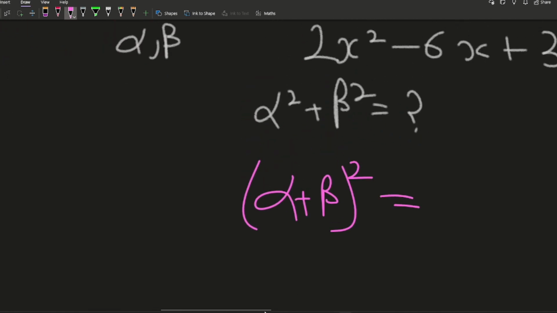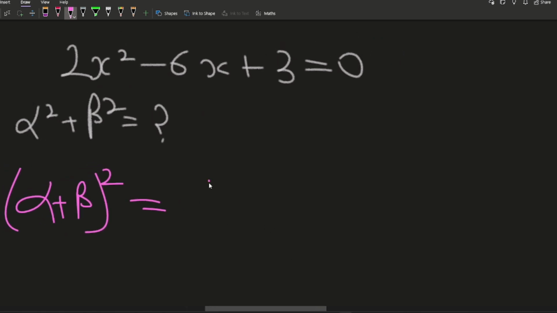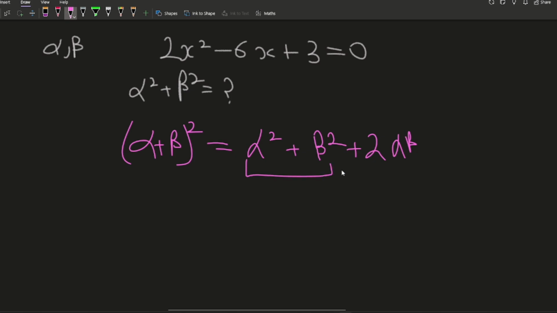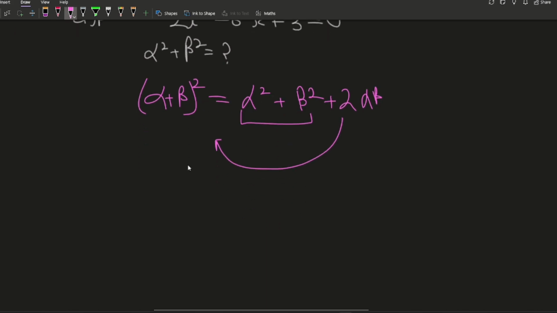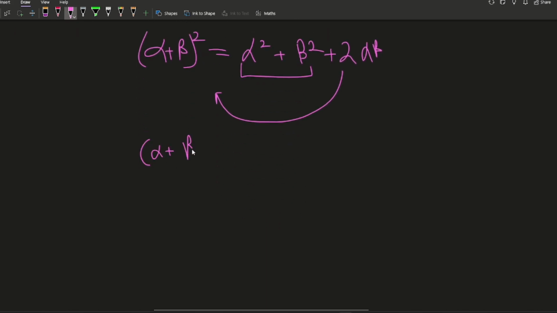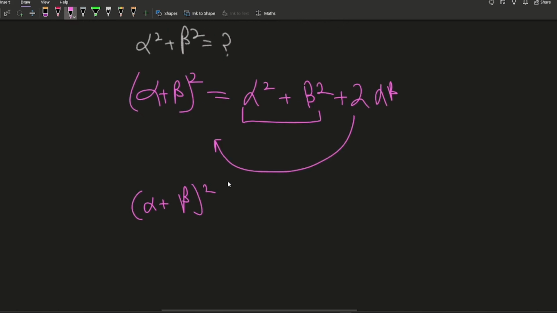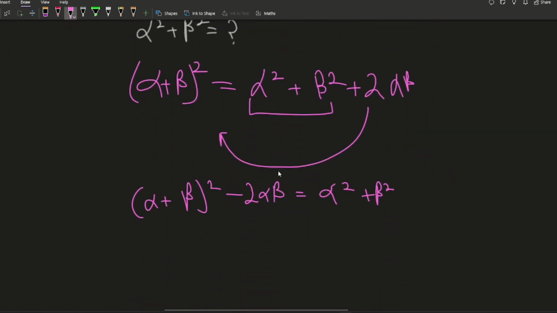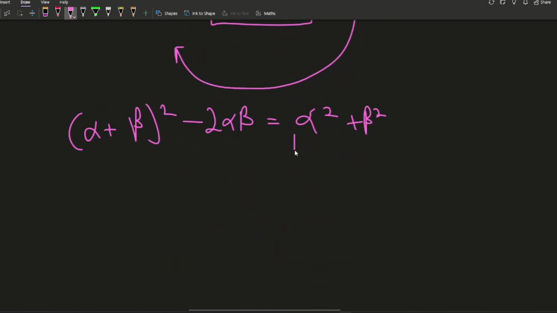So alpha plus beta square will be alpha square plus beta square plus 2 alpha beta. Now, to make this the subject, we will take this to the other side, and now it will be alpha plus beta square minus 2 alpha beta is equal to alpha square plus beta square. And now we can easily input values using the quadratic equation and find the value for alpha square plus beta square.